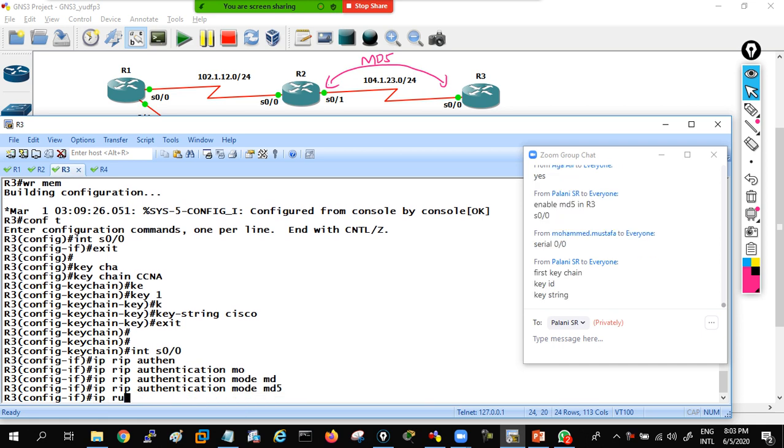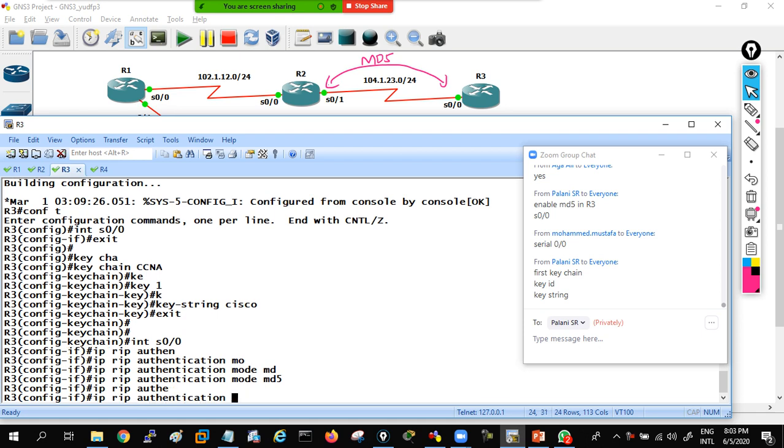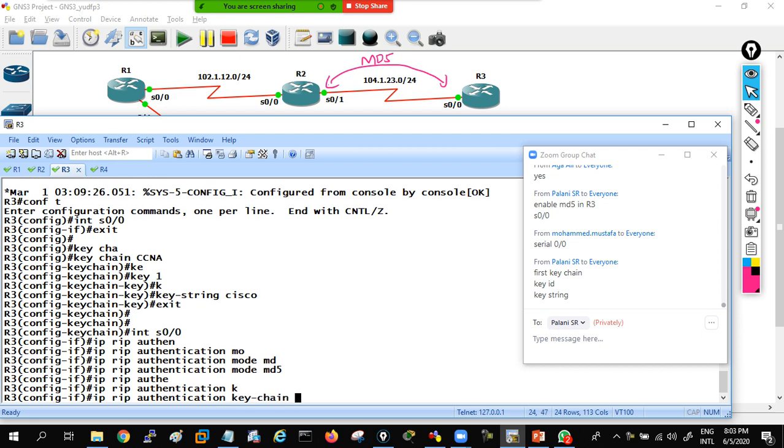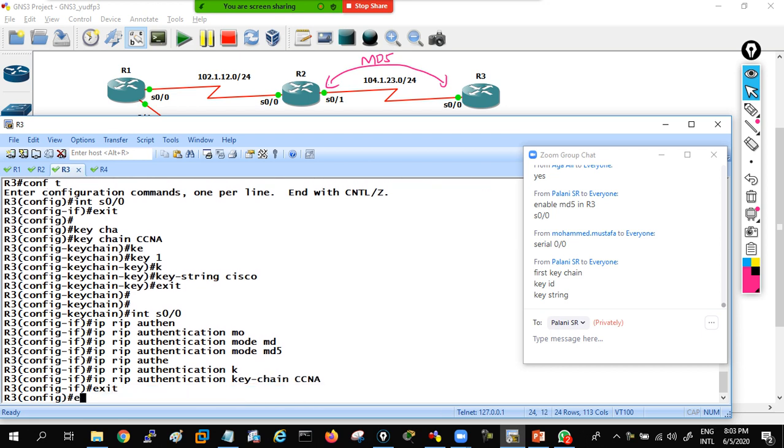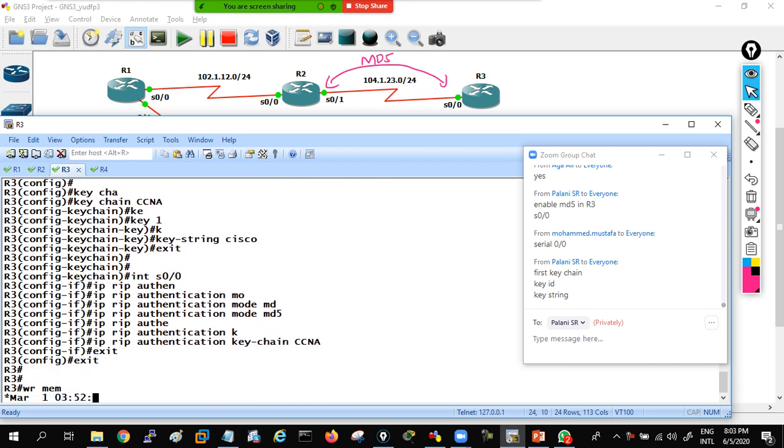First you need to specify the key chain name, then the key ID, then the key string. Then ip rip authentication key-chain CCNA.